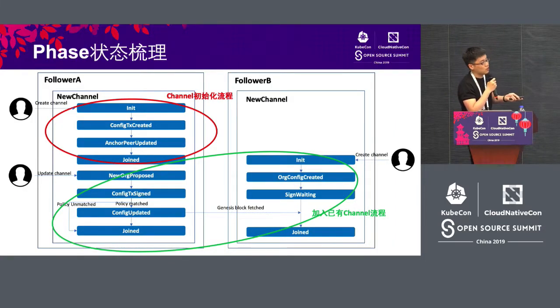And the second typical process is to establish a new channel. First, we need to define the configuration of the channel target, and then we add follower A to the channel.